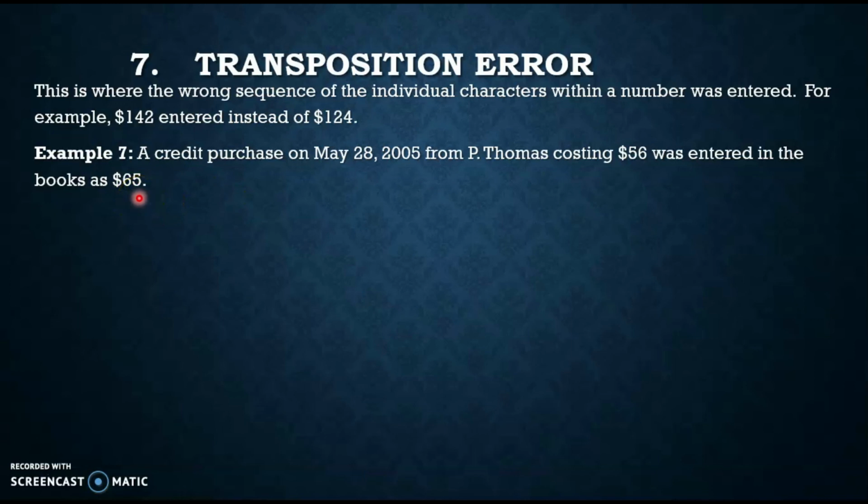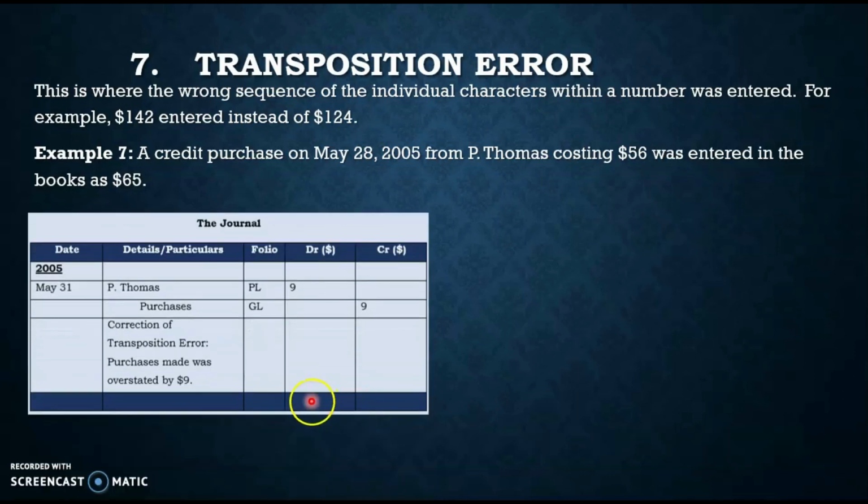So we need to remove the excess. And the difference between 65 and 56 is actually 9. So we need to take out $9 out of P. Thomas and take out $9 out of purchases. So we will have to enter it on the opposite side to reduce it. P. Thomas was already credited with $65, which is over by $9.